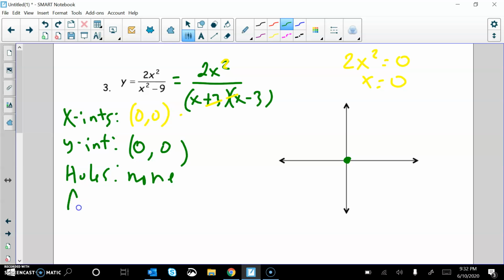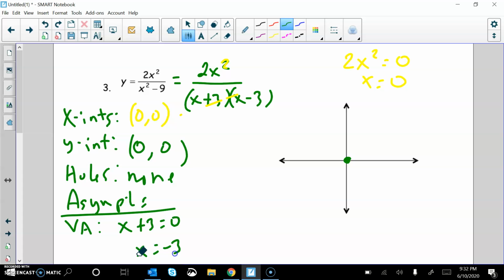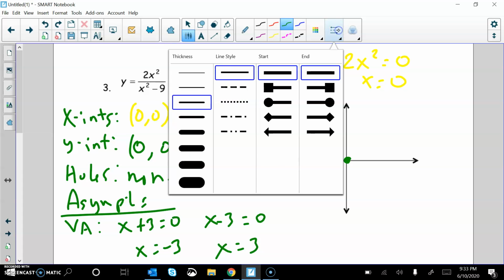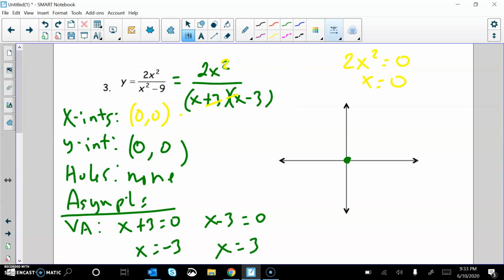All right, asymptotes. Vertical asymptotes occur when your denominator is 0. So we can just solve that. So there's one of them. There's the second one. So we have two vertical asymptotes at 3 and -3.